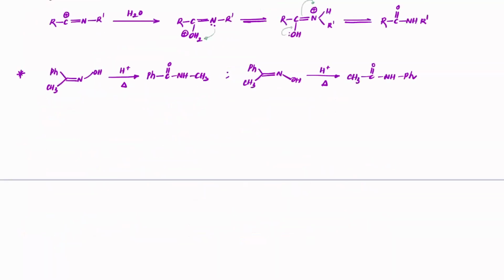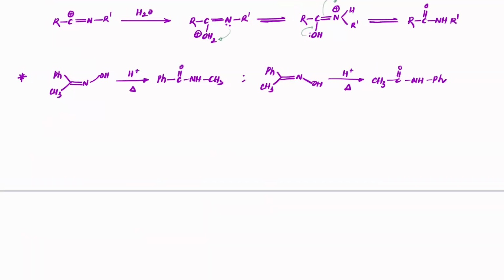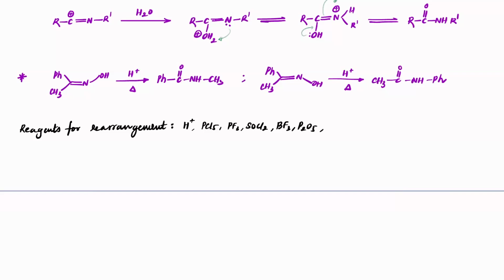Next, what are the reagents that can be used here? Is it always going to be H plus? Not necessary. Reagents for rearrangement, that means what type of medium we can use. We can use simply H plus or PCl5 or PF3 or SOCl2, BF3, P2O5.